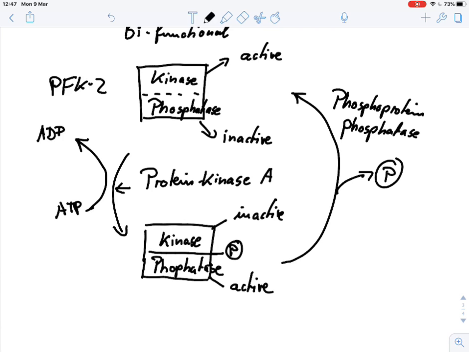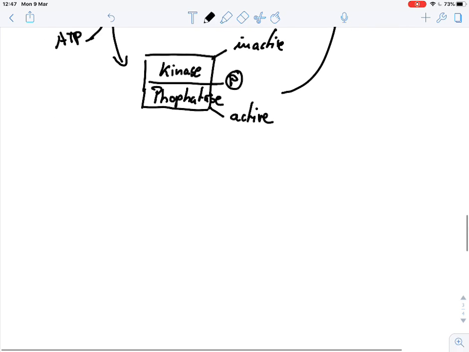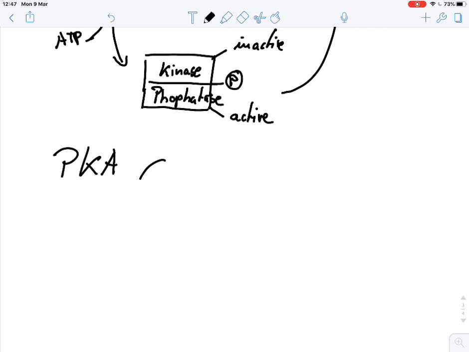Now, what is the story with protein kinase A? Now, that's an interesting one, because protein kinase A, usually abbreviated as PKA, is an enzyme that is made up of a catalytic subunit and a regulatory subunit.